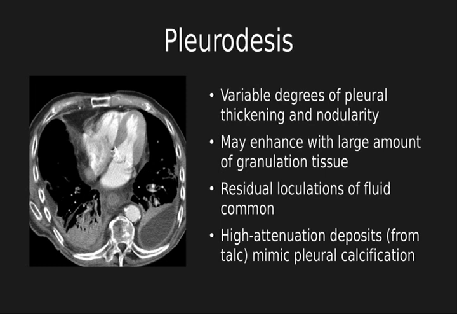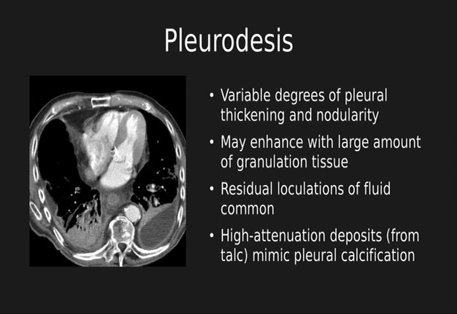And this is high attenuation deposits from talc that can mimic pleural calcifications. This patient underwent pleurodesis with talc, and here we can see chronic atelectasis of the lower lobe.